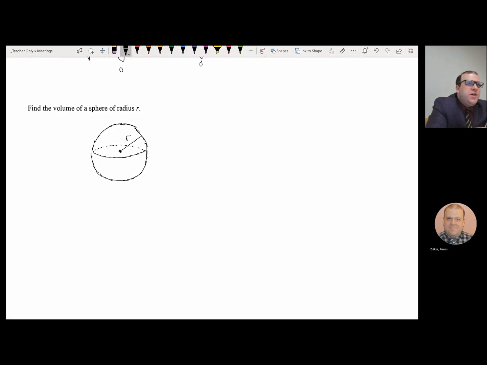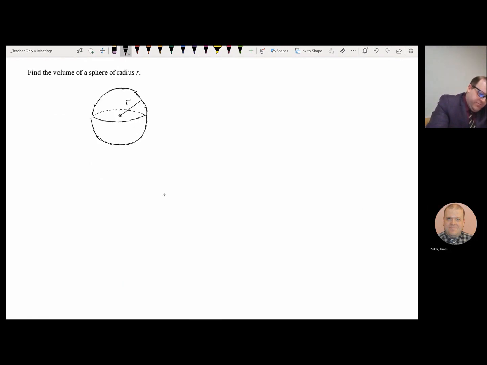Right, we should already know this volume. We're going to stick with rotating about the x-axis. It should be easy to see that if you rotate an upper semicircle of radius r about the x-axis, you get a sphere of radius r, right?